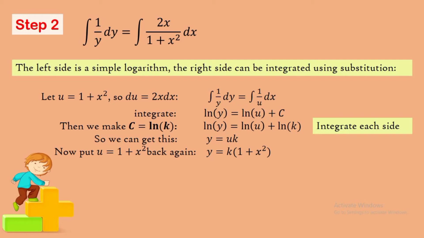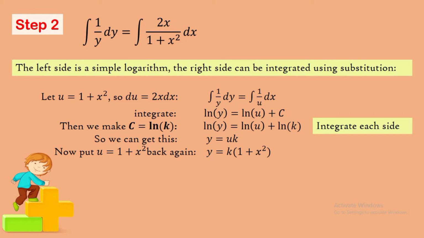And then, we have ln y is equal to ln u plus ln k, yung constant natin. At kung nalilito kayo guys, kung bakit ito na yung form niya, y is equal to uk, you can watch the other videos of my classmates to further understand this process.